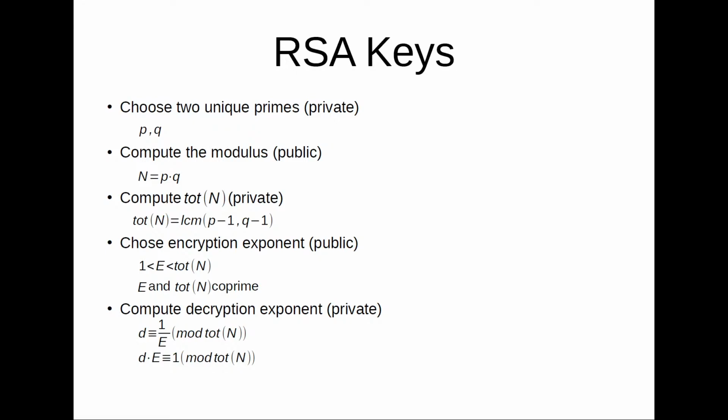Now, the Carmichael totient function results in slightly smaller values than the Euler totient function. Well, sometimes it does, because p minus 1 times q minus 1 can be larger than just the least common multiple of p minus 1 and q minus 1. Does that explain it?